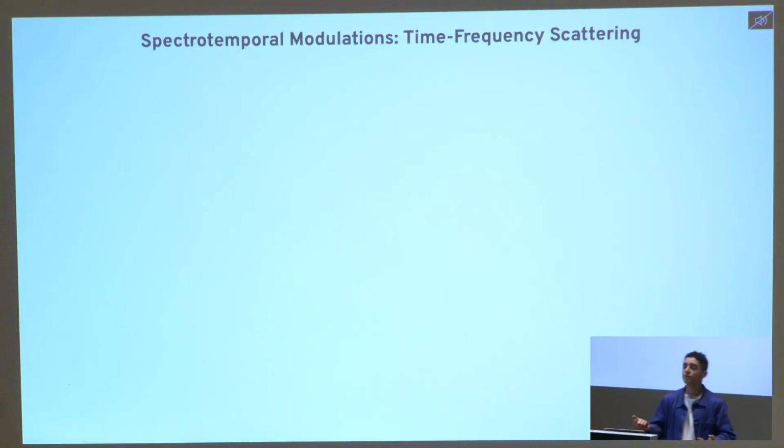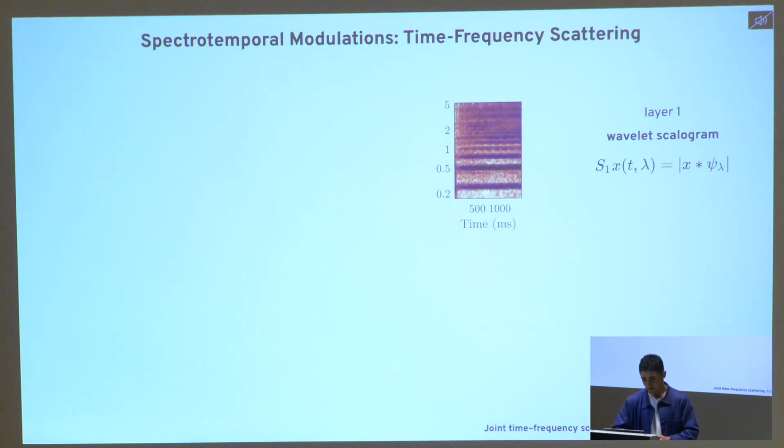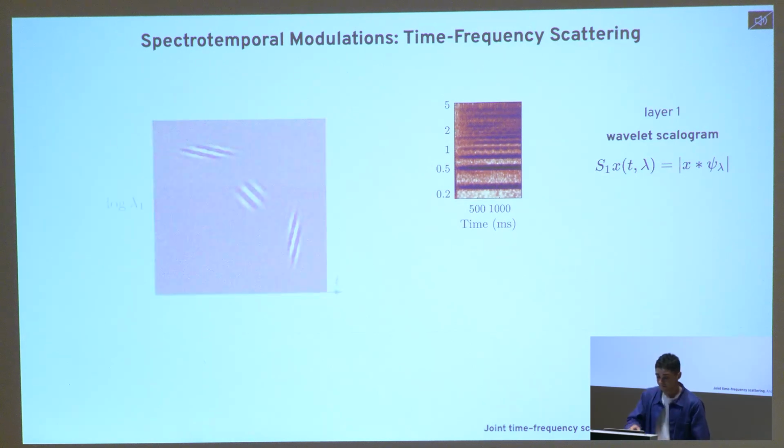So now to time-frequency scattering. I've outlined the scattering transform, but this paper focuses on time-frequency scattering, which is also an idealization of spectrotemporal modulation representations in the auditory cortex. So much like the time scattering transform, we compute the wavelet scalogram from a signal by convolving the signal with a wavelet filter bank.